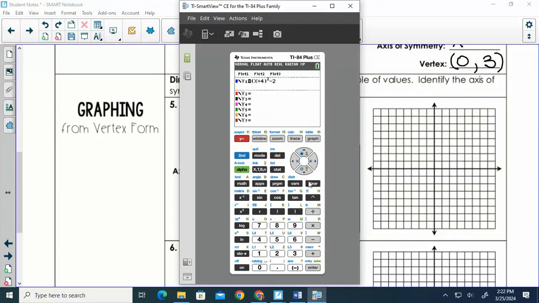So we go to our y equals, we're typing in a negative parenthesis, x plus 2, close your parenthesis, squared, plus 7. If we go into second, and that graph button takes us to our table.